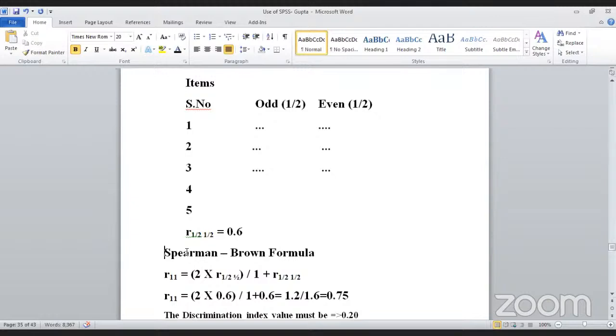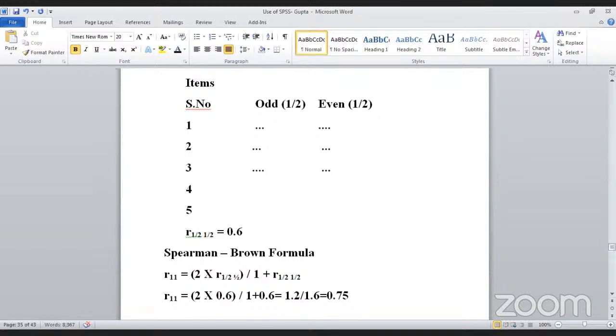And if you do that carefully, then it has an advantage over the test retest, because you can save time, you can save money, etc., etc. So this is how you have to establish the split half reliability.